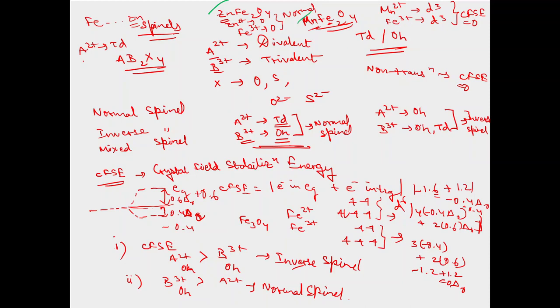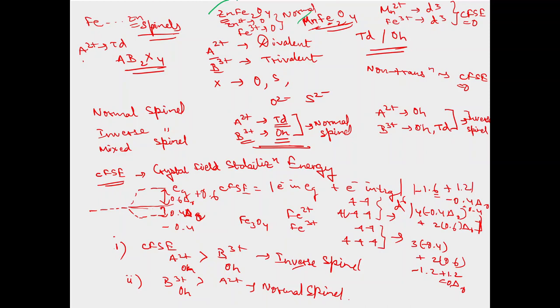We have two types of voids where metals are present, tetrahedral or octahedral. The tetrahedral void is smaller than the octahedral void. If the smaller one is present in the tetrahedral void, which here is Zn2 plus, the divalent one is in the tetrahedral void and the trivalent one is in the octahedral void.